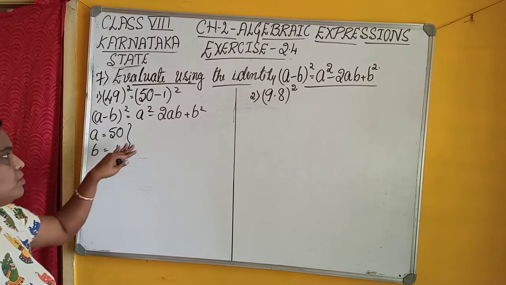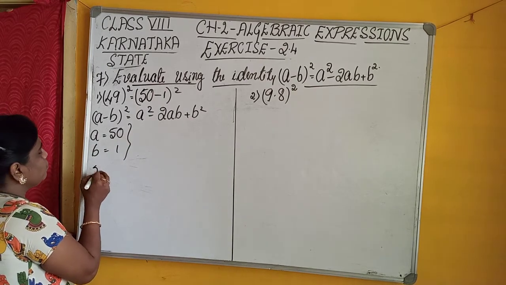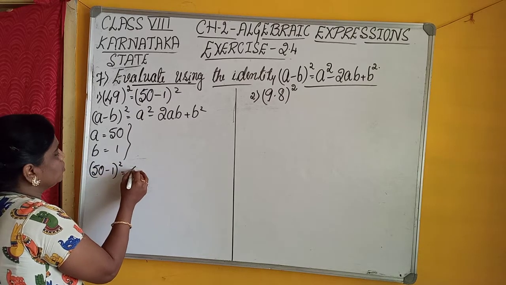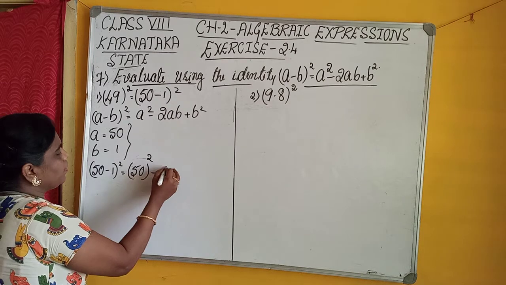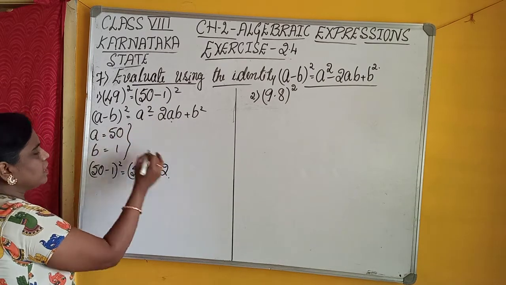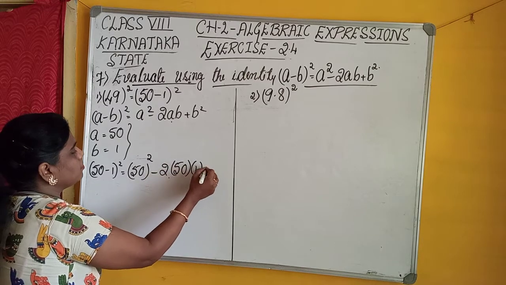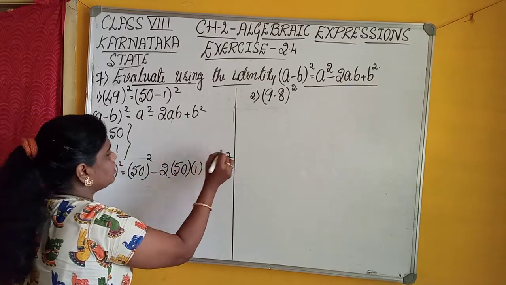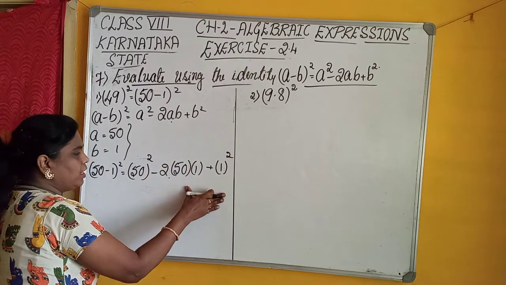Now substitute these values in this identity. That is (50 minus 1) whole square is equal to 50 square minus 2 into the value of a, which is again 50, and the value of b, which is 1, plus b square, which is 1 square. Here we substituted the values of a and b in the identity.